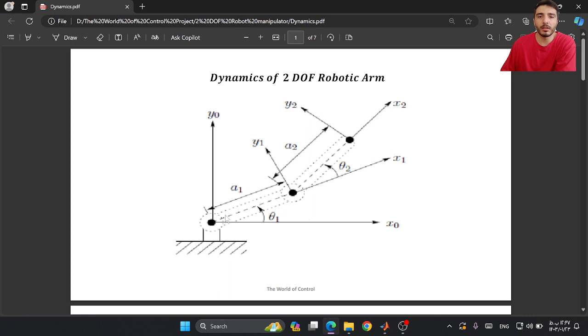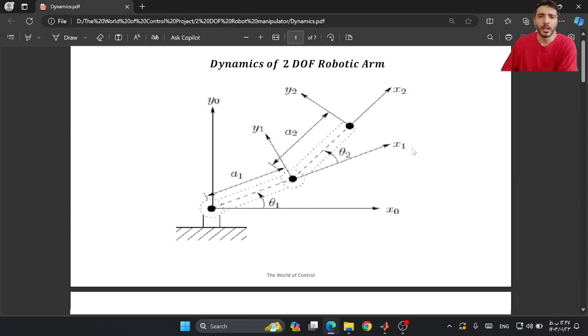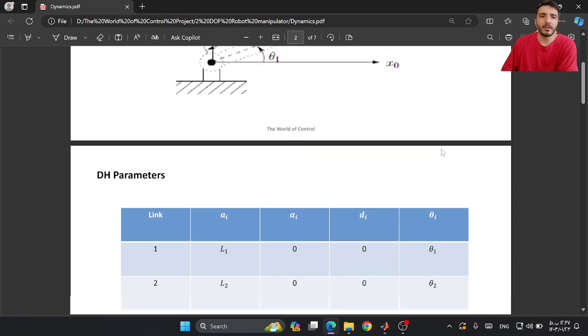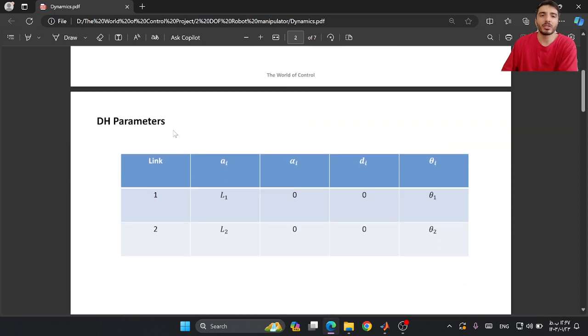In this model, you can see the coordinate systems that we attached to our joints and our end effector here. So let's begin to extract the dynamic equations of this model. First of all, we need to write the DH parameters table for this system.